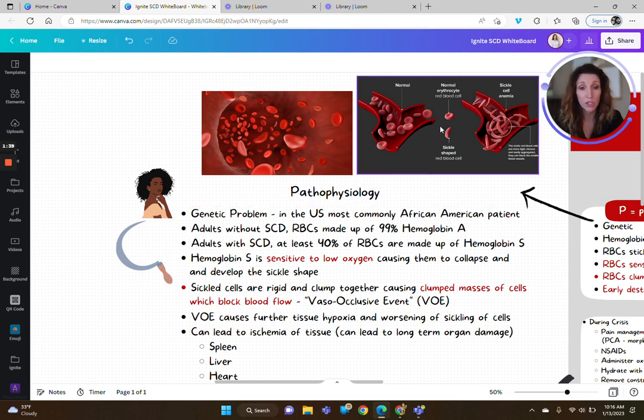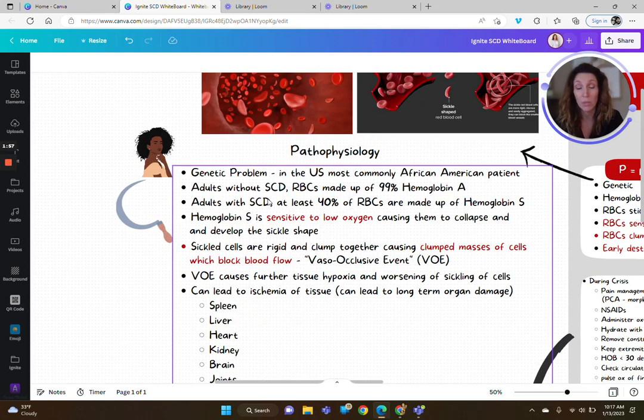And that becomes an issue because these sickled red blood cells stick to each other and clump, and they can form an occlusion within a blood vessel, just like a clump of blood cells that are just not moving through like they should be. So, as you can imagine, that can create some issues.